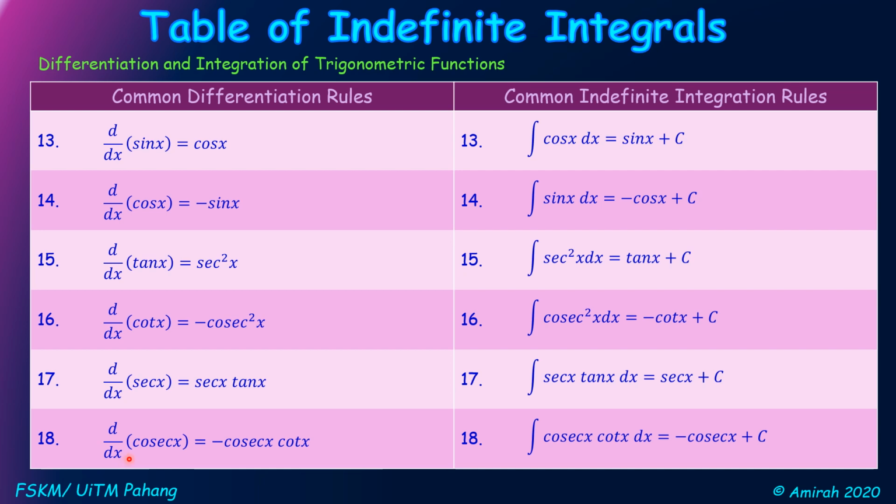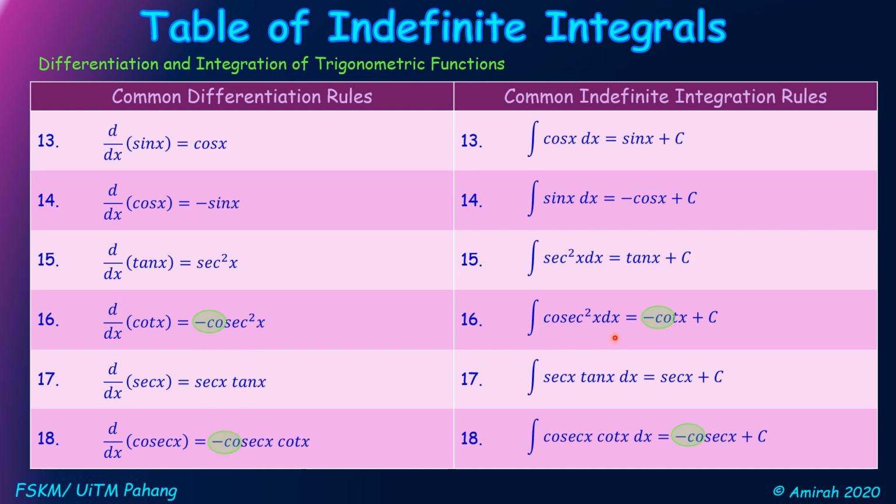And then when we differentiate cosec x, we will have negative cosec x cot x. And when we integrate cosec x cot x, we will have negative cosec x plus c. To memorize the formula for derivative, when the answer starts from co, like cosec squared x and cosec x cot x, we have a negative sign here.